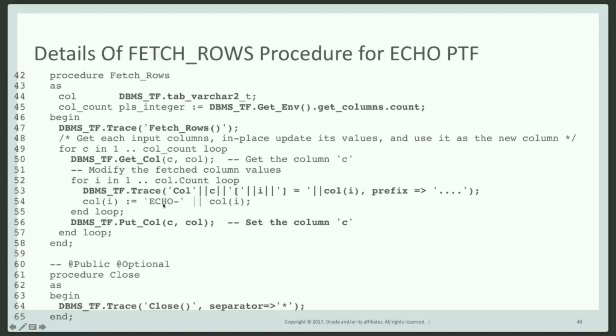So my column value that's going to go into column 1 is going to be echo dash, whatever the column is. And that's effectively it. So all I've got to do is take whatever the column is, the 2 columns that I passed in, ename and location, I think, and return the value with echo attached to it.